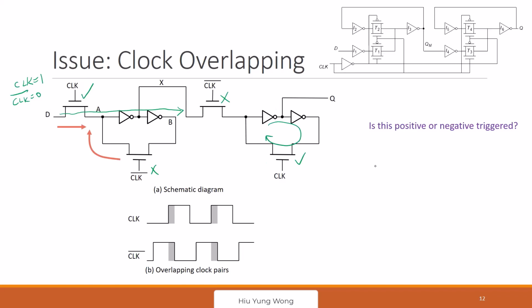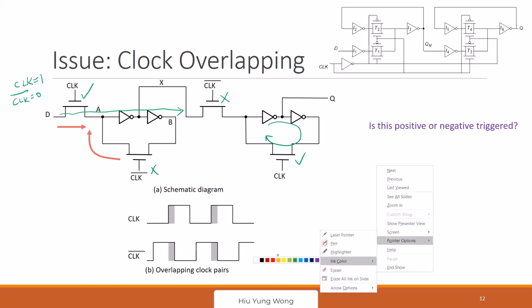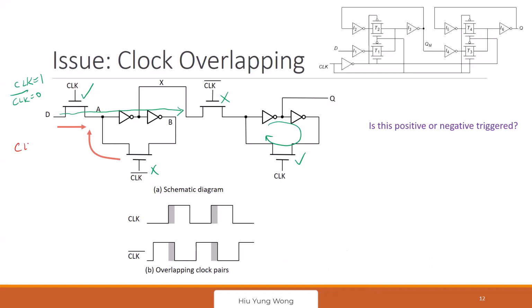And then when the clock becomes 0, clock bar becomes 1, then this is off, this is on. So this one will store the data that it has written. But now this is on, so this will go through to Q. And this is off.